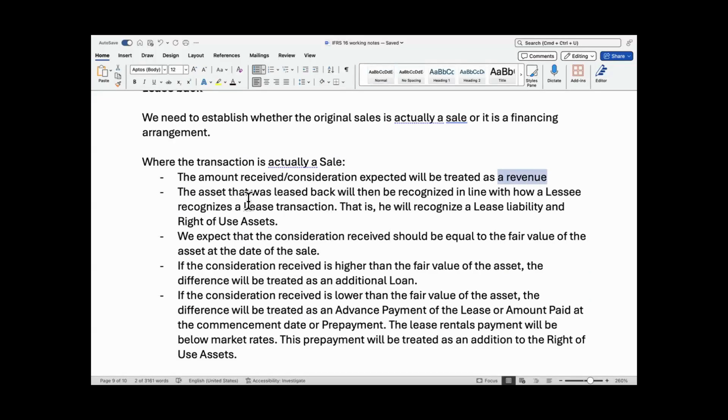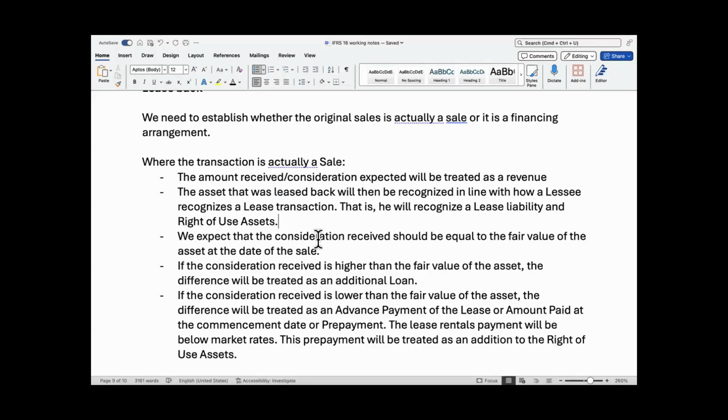Now, no issue. The issue is the fact that you have leased it back now. Automatically you are a lessee. So you're expected to recognize this in line with how a lessee will recognize the lease transaction. So the lessee will recognize lease liability and right of use asset. This should not be difficult for you.